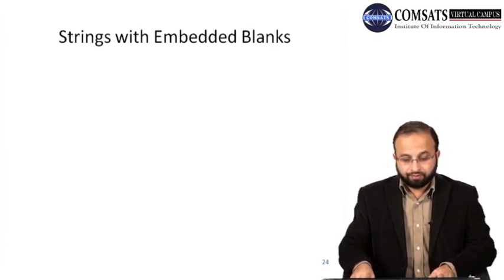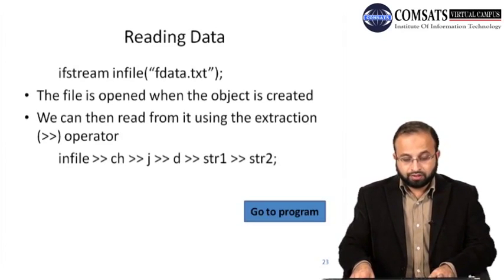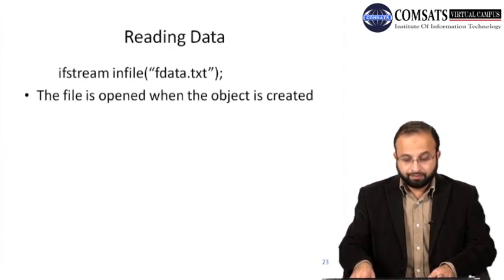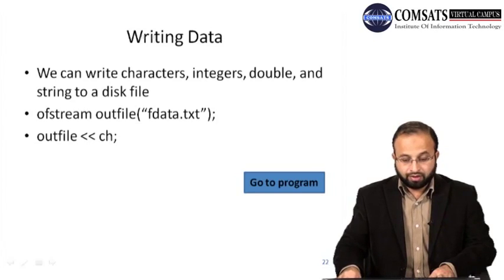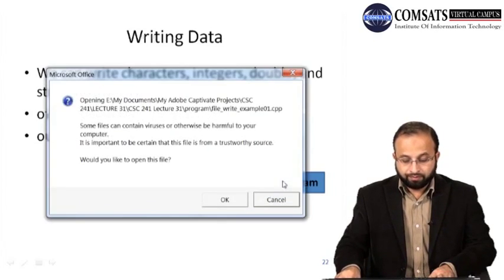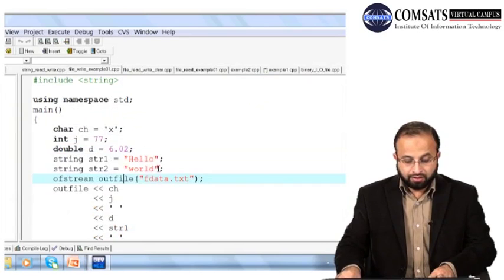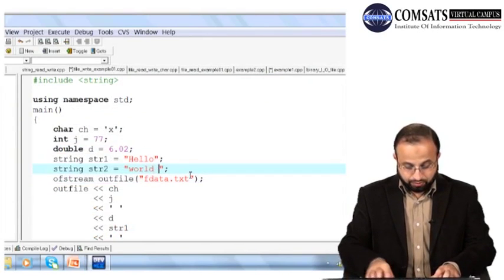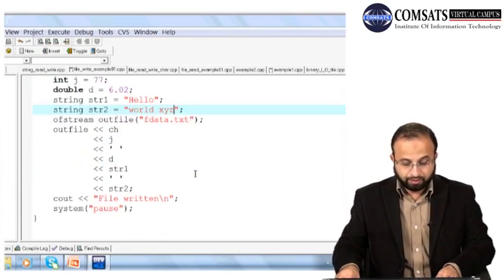one slide back? So for example, if I go back into the writing data and go to the program and write the word xyz. ठीक है, कुछ xyz लिखते हैं हमने यहाँ पर.